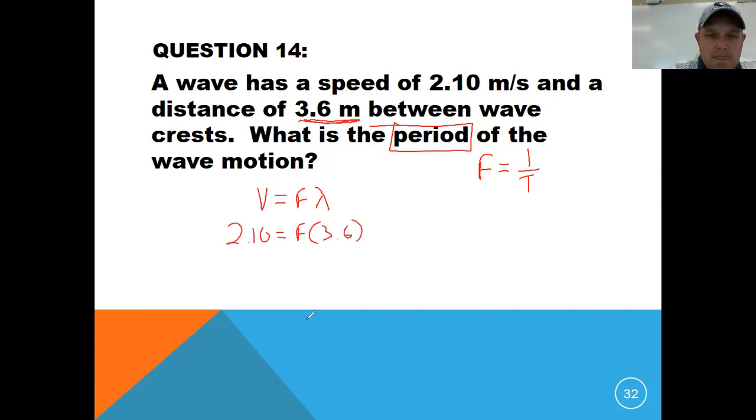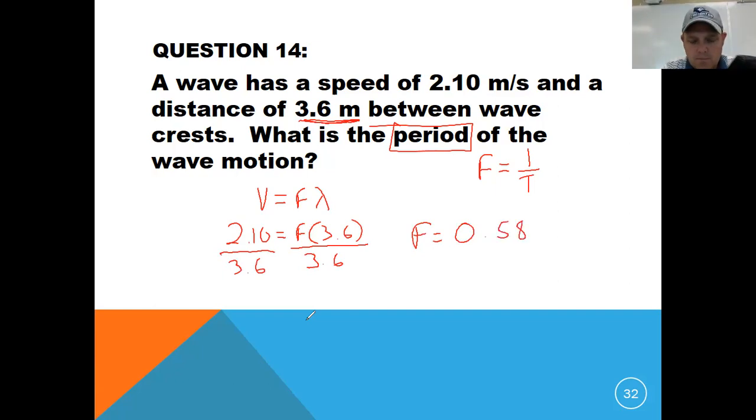So to do our math here, I'm going to divide both sides by 3.6, and I get F, or frequency, to be 0.58. Now, again, that's not the answer. We want the period of that. So now we can put that 0.58 in for F.